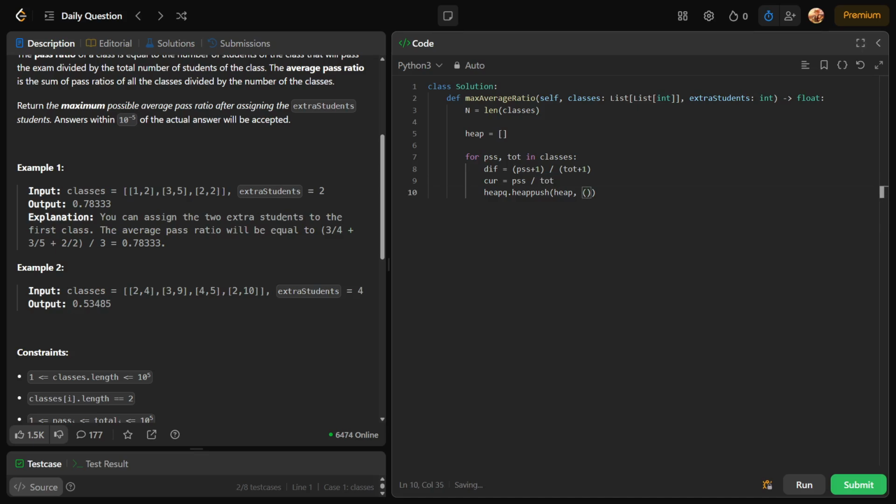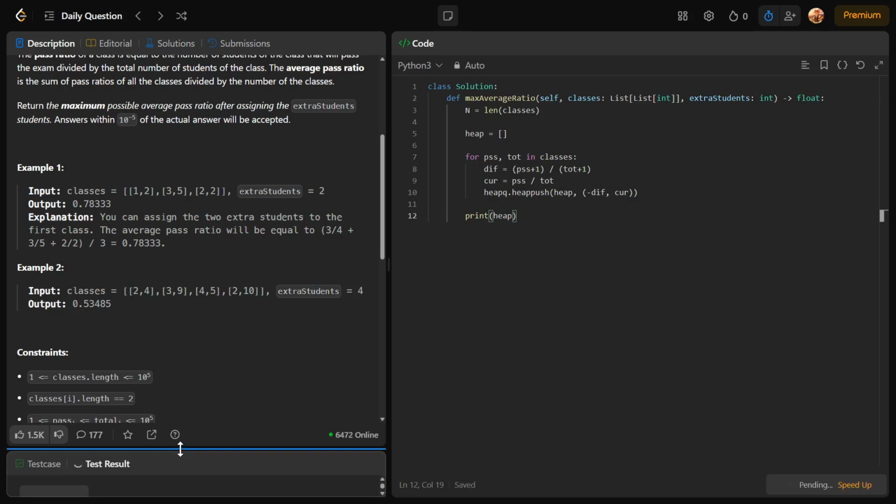Then we pass in the difference and the current, and we need the maximum difference, right? So let's pass in the negative of this, and let's just print out our heap and see if it's working.